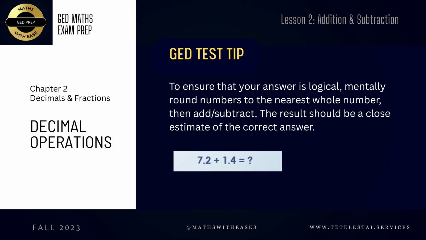And that's what this tip is saying: first try to round the numbers in your problem mentally, and then proceed with your calculations. And when you find your answer, do a comparison, and it should be in the same ballpark as the estimate that you came up with in your head.